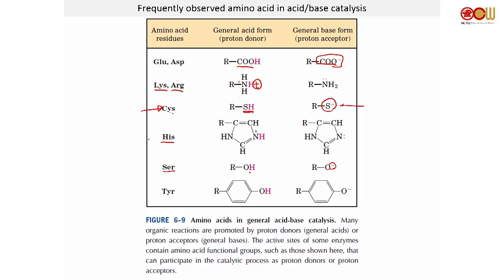So the behavior of cysteine and serine is similar. And then lastly, you have tyrosine, which is essentially the same thing. You can remove that proton and you form an anion here. So these are the residues frequently observed in amino acid acid-base catalysis.